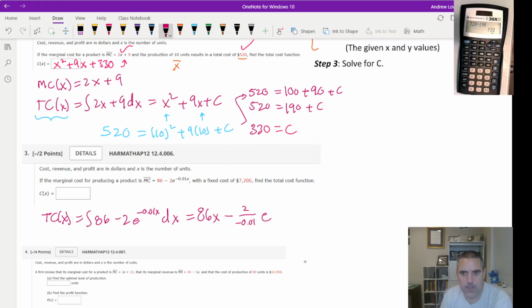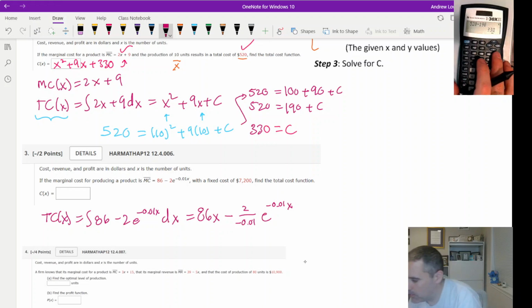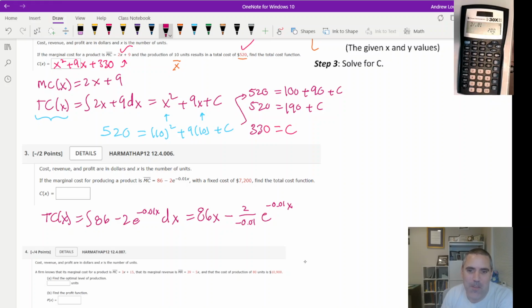If you're uncomfortable with 0.01s, you can use your calculator: 2 over 100th. You might be able to anticipate it's 200. So this is 86x, and I forgot my plus c. Don't forget that. That's what the whole question's about. 200e to the negative 0.01x plus c.